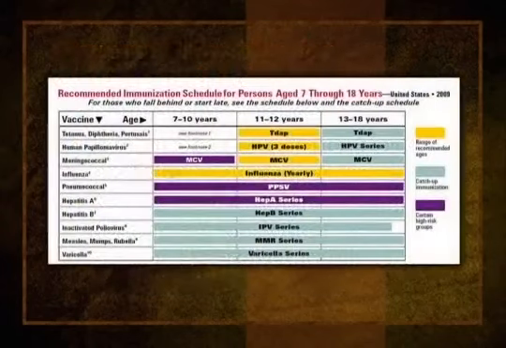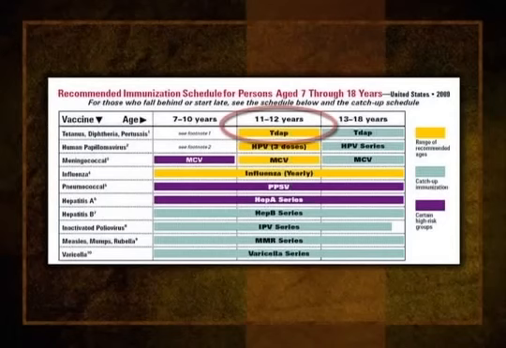Here is the current vaccination schedule for persons 7 through 18 years of age. The recommendation for this age group is at the top of the column labeled 11 through 12 years. The recommendation is simple. Adolescents 11 through 12 years of age should receive a single dose of Tdap instead of TD if they have completed the recommended childhood DTaP vaccination series and have not yet received a TD booster.